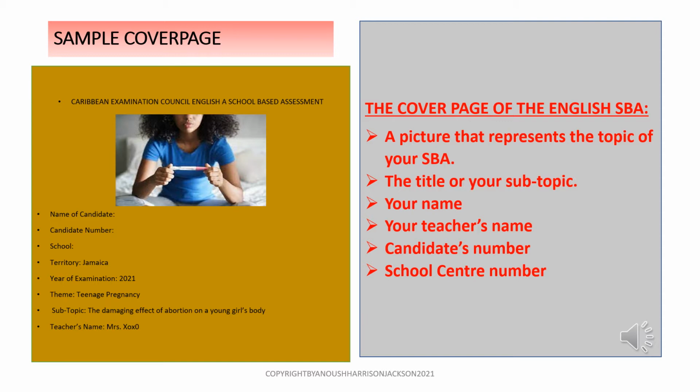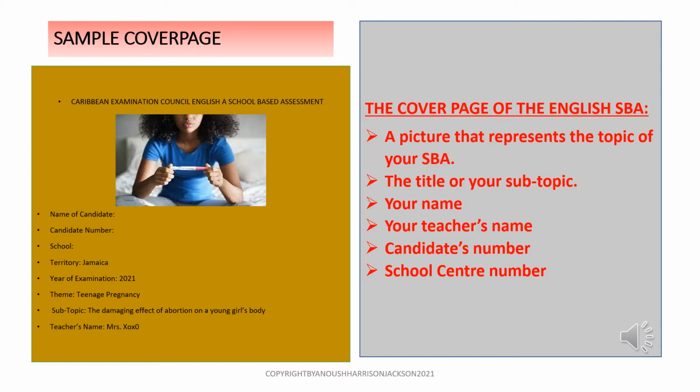And by your SBA, we're talking about your subtopic. The title or the subtopic, in this case, is the subtopic that you're going to focus on. And of course, your name, your teacher's name, the candidate's number, and your school center number.